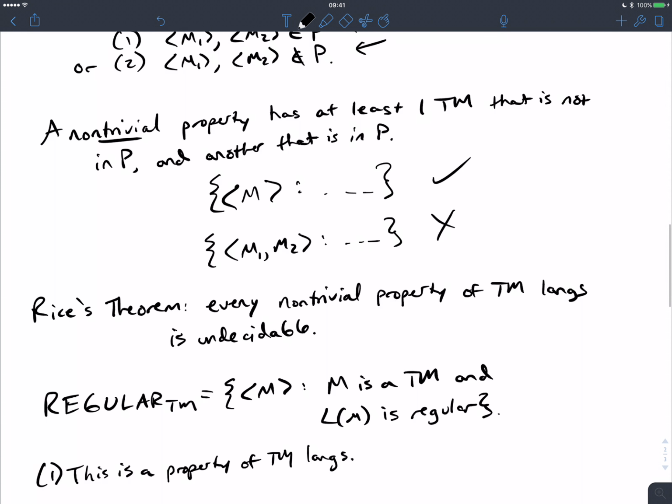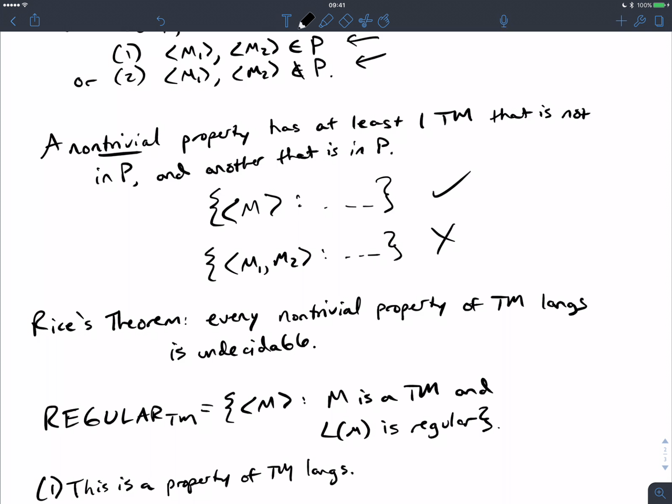Well, what does it mean for some language to be a property of Turing machine languages? It says, if you have any two machines with the exact same language, either both are in the language or have the property, or neither are.